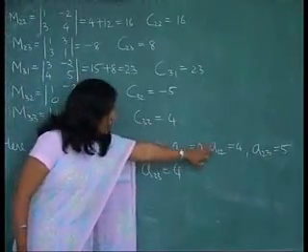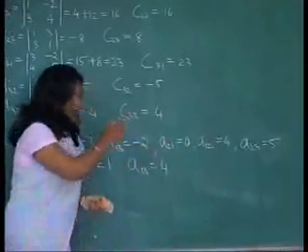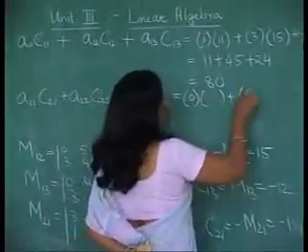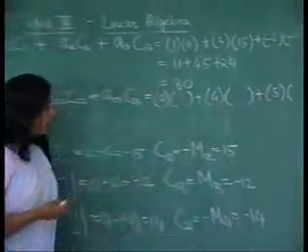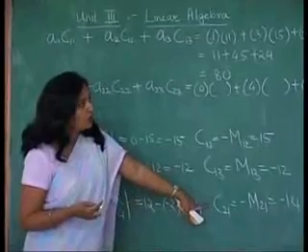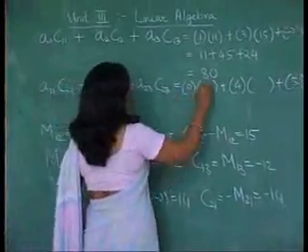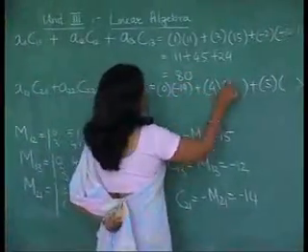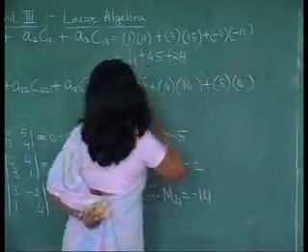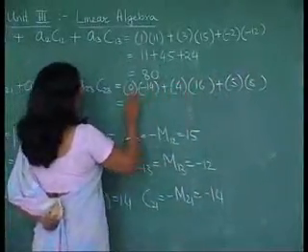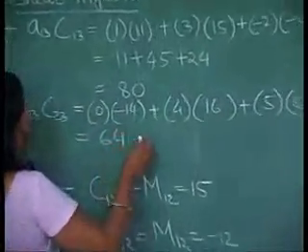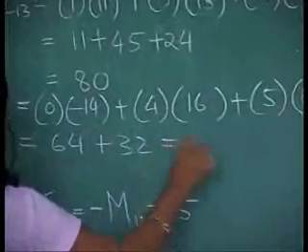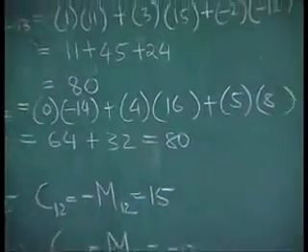A21 is 0, A22 is 4, A23 is 5. And cofactors C21, C22, C23, they are minus 14, 16 and 8. So this will be 0. This will be 64. This is 32. This again turns out to be 80.